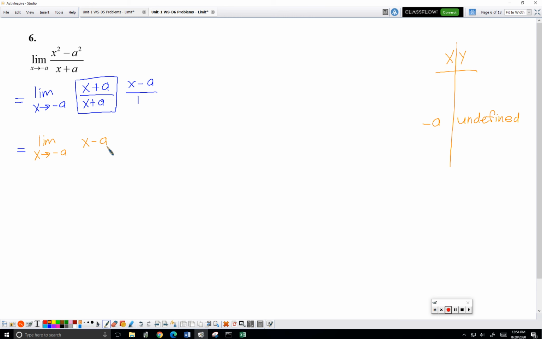Negative a. So Claire noticed that. If you plug in negative a, this becomes undefined. Undefined times something is still undefined. So that's what happens there. But in terms of the limit, we're okay, because we're not going to plug in negative a. That's why this line is equal to this line, because of the limit.